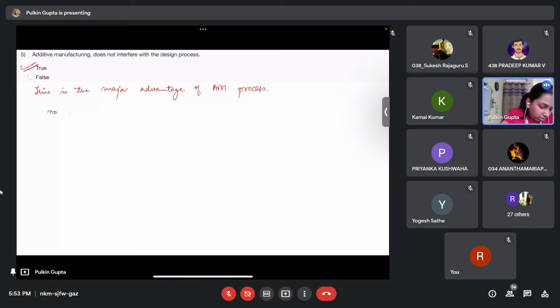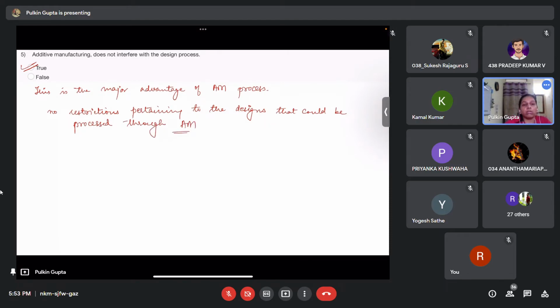So we have literally no restrictions pertaining to the designs that would be processed through additive manufacturing. So we can clearly say that it never interferes with the design process.